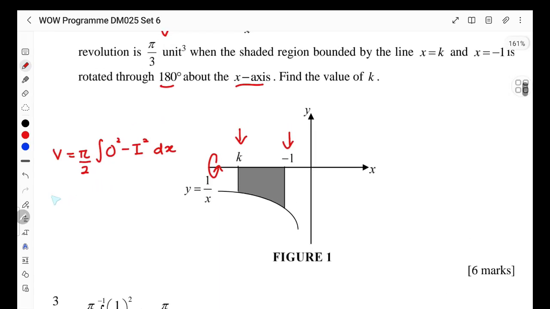So your formula here will become volume is pi over 2 times integration from, your lower limit must be the lower value, which is k. Don't write -1 to k. You need to write from k to -1 since k is the smaller value. So from k to -1, your outer function is 1 over x squared. Inner function is the x-axis, so minus 0 here, but if you don't write it, it is okay, with respect to x, because you need to rotate about the x-axis.